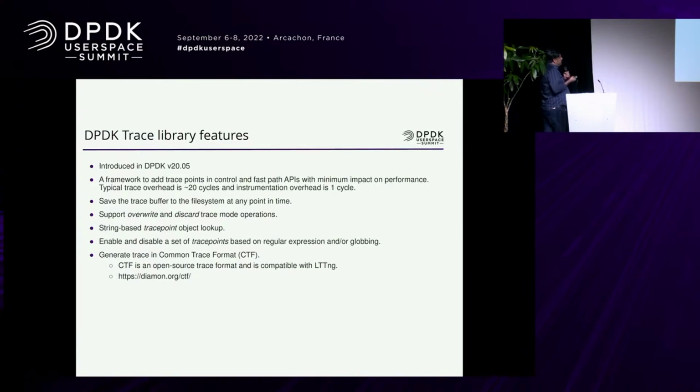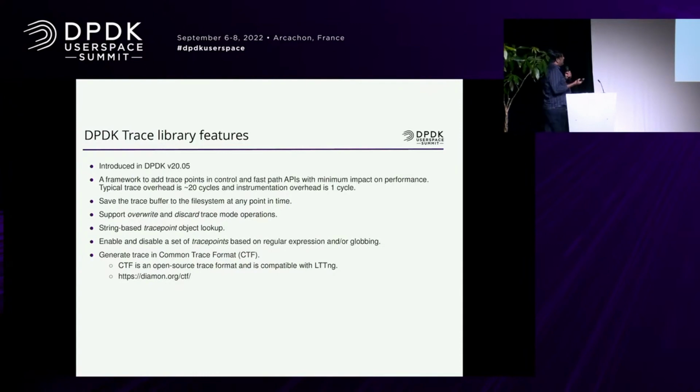We just keep adding trace points to almost all the APIs. In this release, we have submitted a patch adding trace points to all the ETH-Dev APIs. We have done the basic APIs, but we keep extending that to have complete coverage of all the APIs.